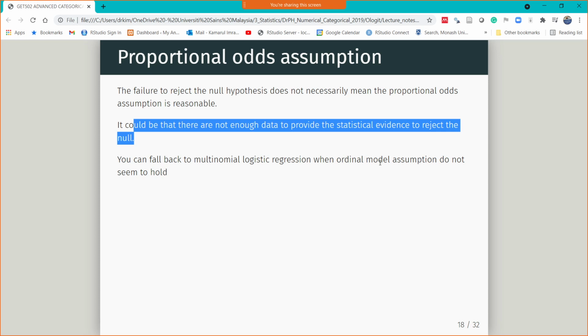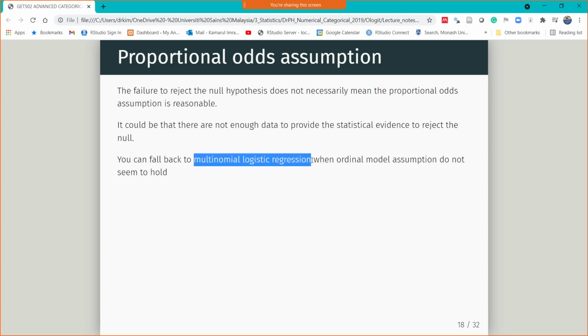So which means that you reject the null hypothesis and you say that the odds are not proportional. Then what you need to do next, because you can no longer use ordinal logistic regression or proportional odds model or cumulative link logit model, is to go back and run the analysis using multinomial logistic regression.